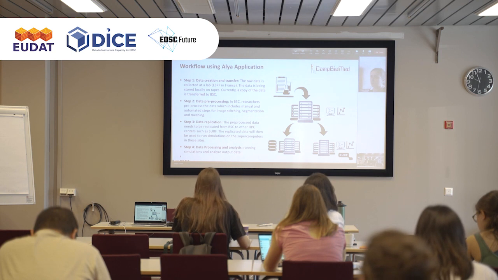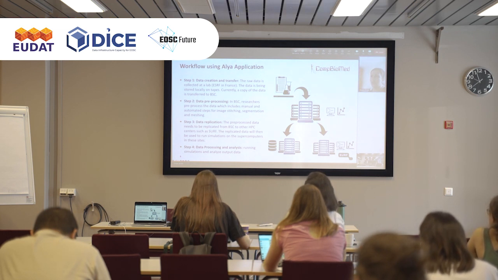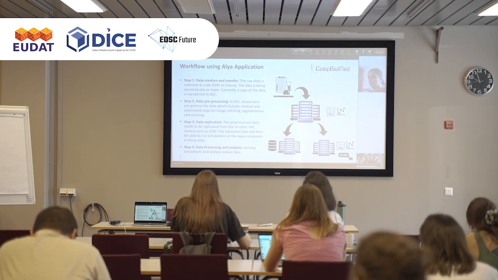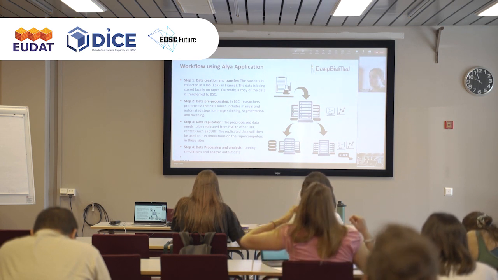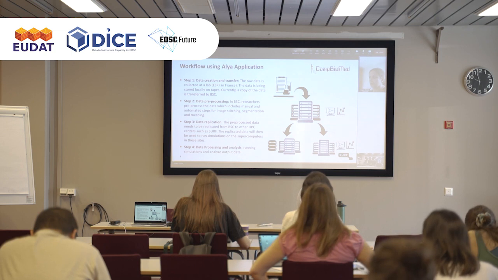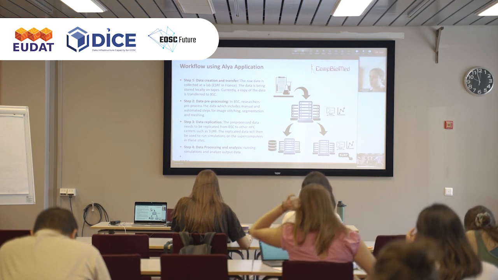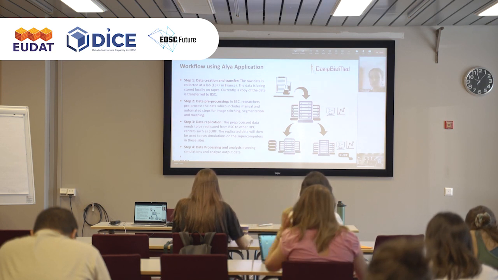It was transferred to the Barcelona Supercomputing Center, and there the researchers pre-processed the data, which included manual steps and automated steps to do image stitching, segmentation, meshing, etc. And then once the data is pre-processed, it needed to be replicated to the other centers, like SURF, for example, for doing computation, but also for long-term preservation.